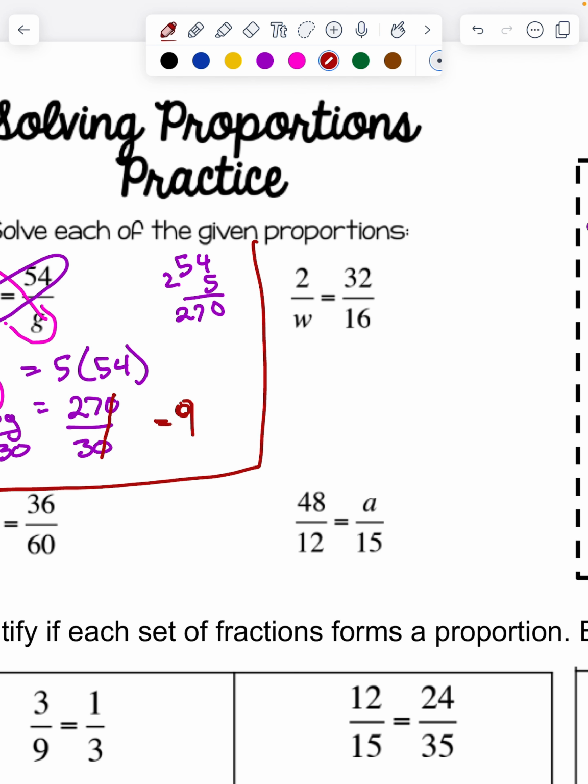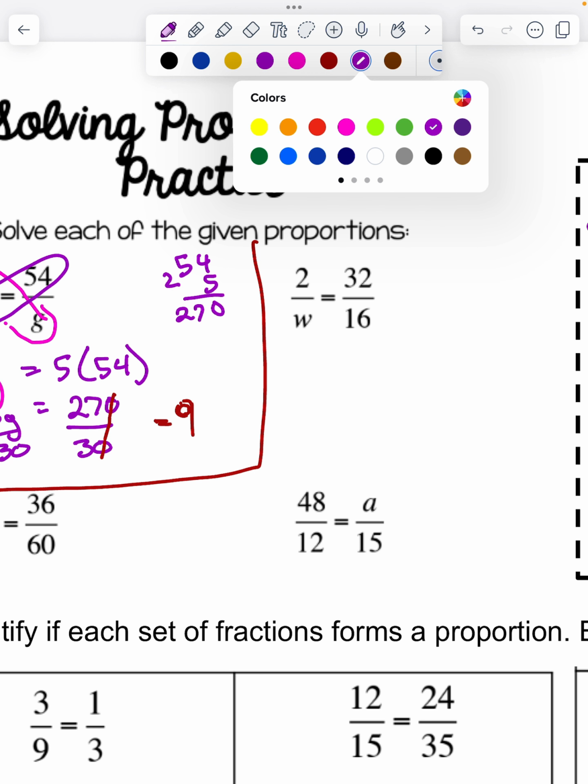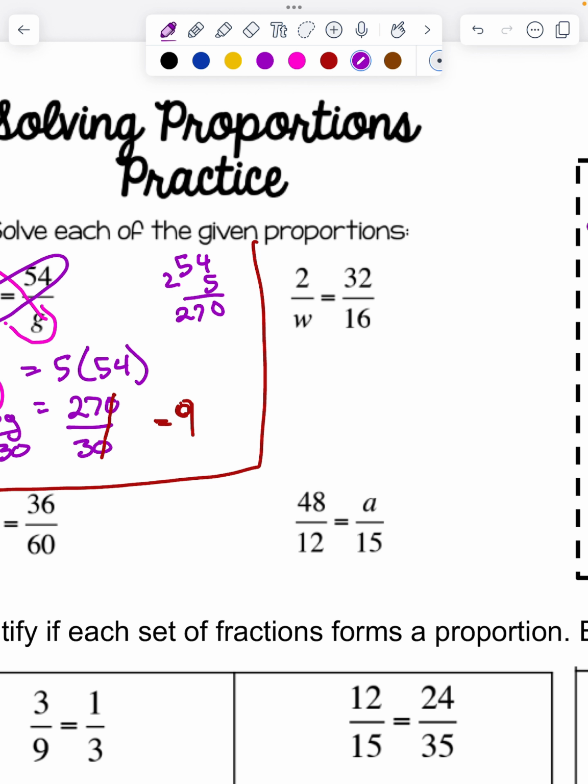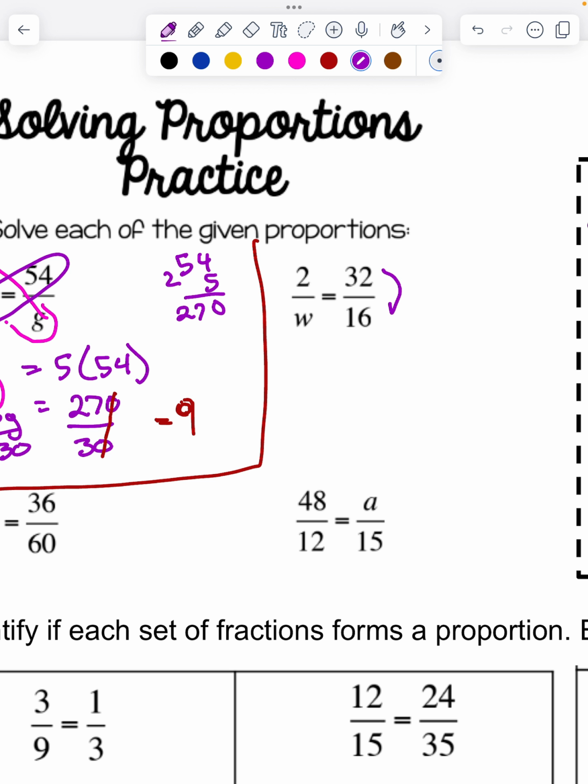I'm going to do it a different way. If I go from 32 to 16 by multiplying or dividing, it could be divided by 2. If I divide that by 2, I get 1. So W equals 1. That is also an okay way to do it. Okay?